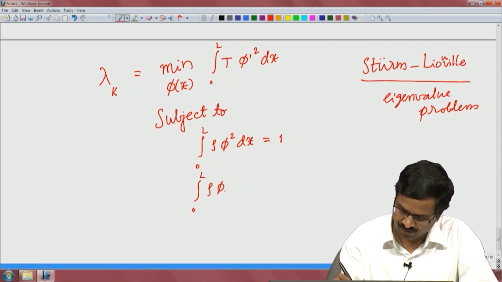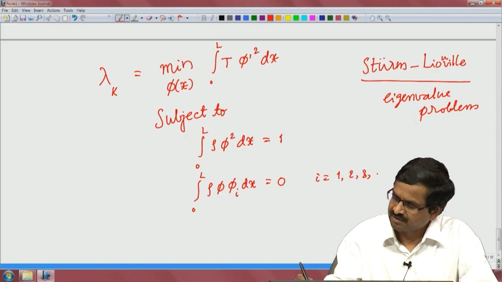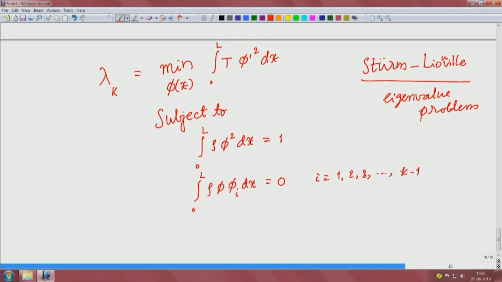So, we will need to write the integral of rho phi times phi i dx equal to 0, where i goes from 1 up to k minus 1 only, because we are asking for the kth eigenvalue. We put this orthogonality up to k minus 1, and then there is the orthonormality that we are ensuring with that new function phi. When we find the solution, that turns out to be phi k of x.